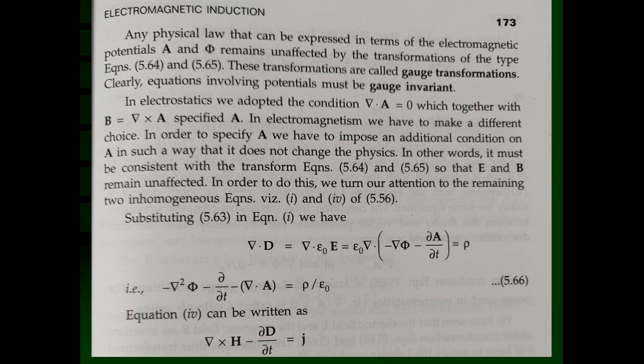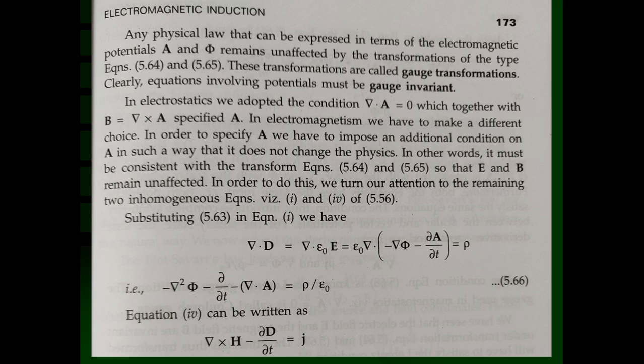Now, any physical law that can be expressed in terms of the electromagnetic potentials A and phi remains unaffected by a transformation of this type, equations 5.64 and 5.65. This transformation is called a gauge transformation. Clearly, equations involving potentials must be gauge invariant.